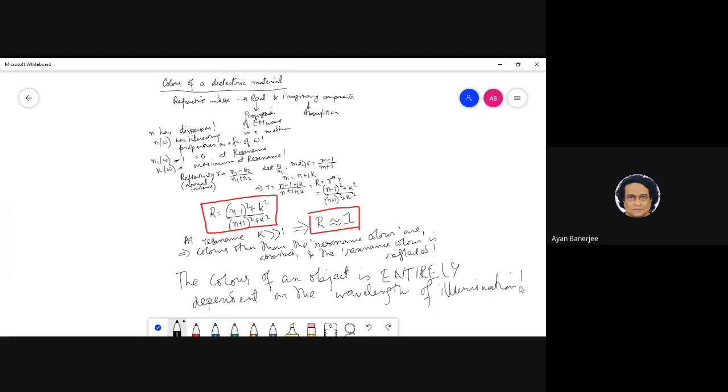So please understand this. It is another feather in the cap of relative concepts. So color is only relative. If you change the incident set of wavelengths in illumination, color will completely appear different.